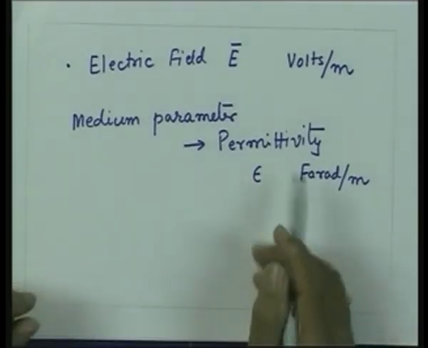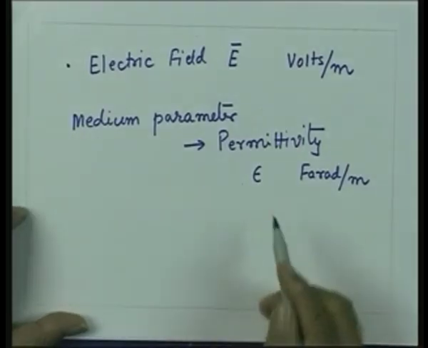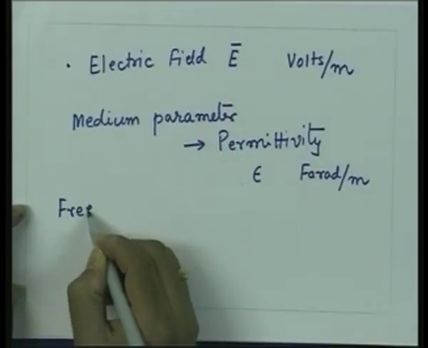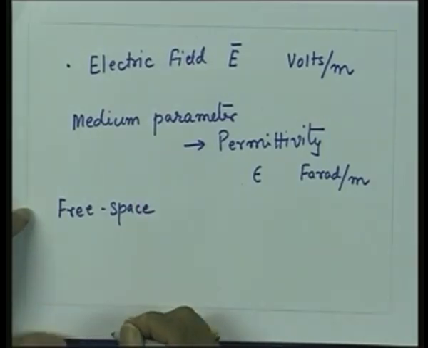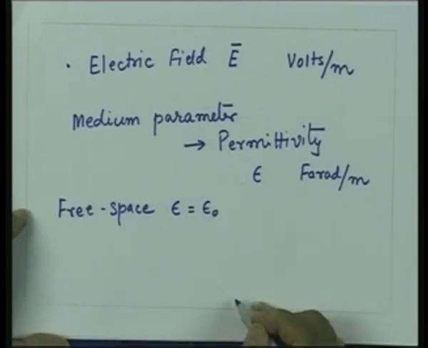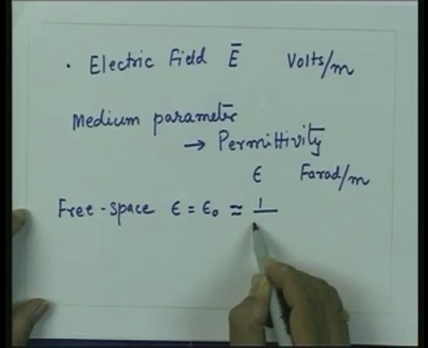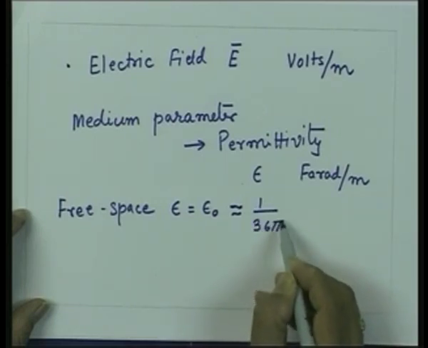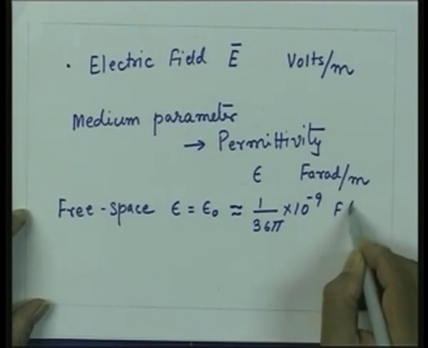The permittivity of the vacuum or the free space is denoted by epsilon 0. So, for the free space, we have epsilon is equal to epsilon 0, and its value is approximately 1 over 36 pi into 10 to the power minus 9 farad per meter.